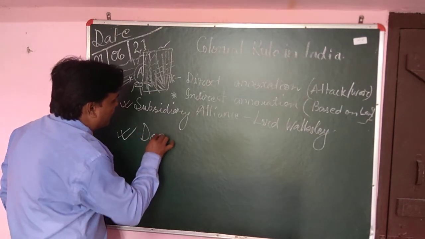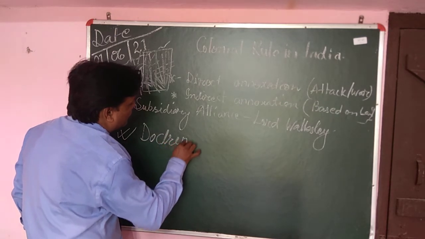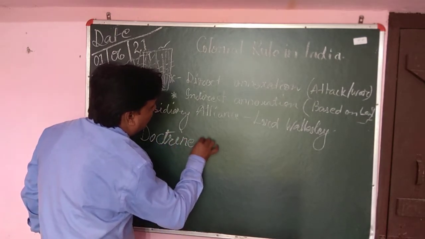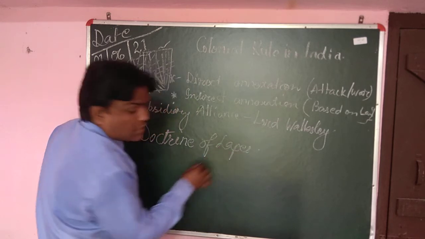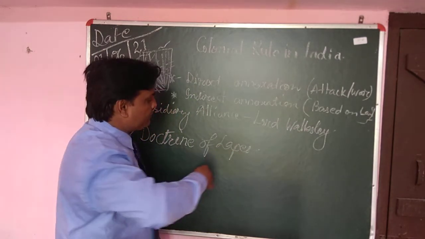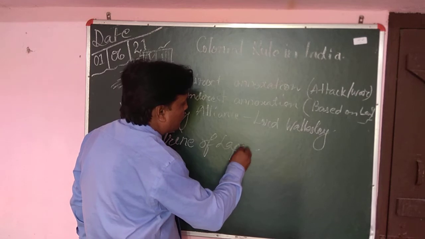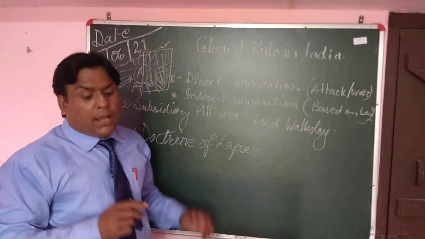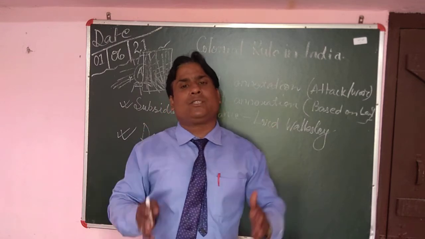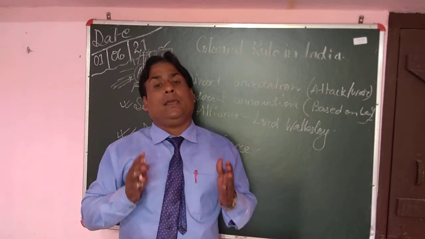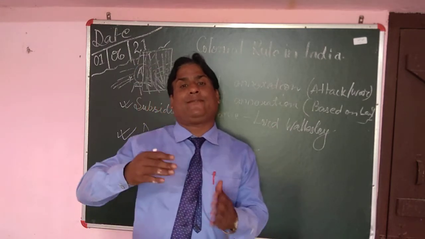Next, another point was the doctrine of lapse. What is the meaning of this? Doctrine of lapse means if the king or queen doesn't have his own son, he doesn't have the right to rule after his death.